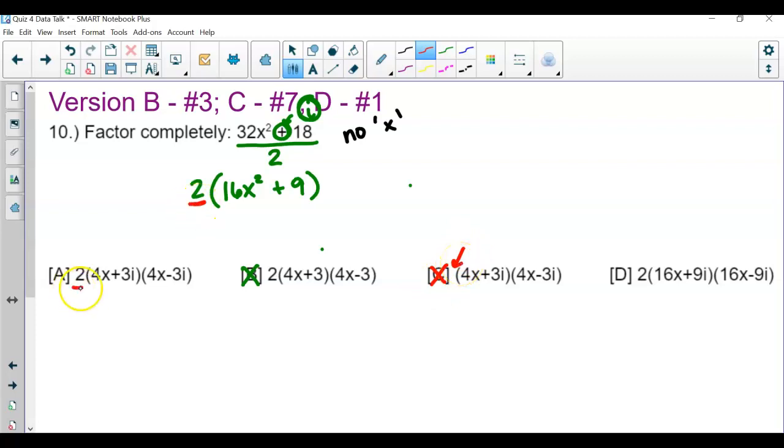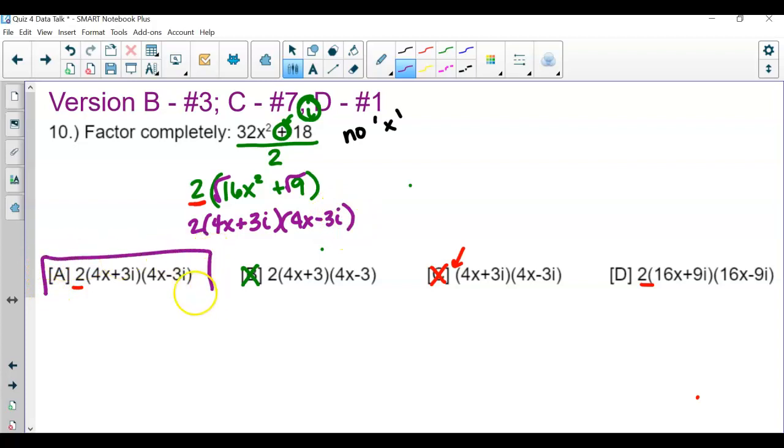We have our GCF, so we need that 2 on the outside. But remember here, we're not done. It's like a shortcut, right? Here, I'm going to take the square root. Square root of 16 is 4. So 4x plus the square root of 9, which is 3, but don't forget i, times 4x minus 3i. So that's why here the answer was A.